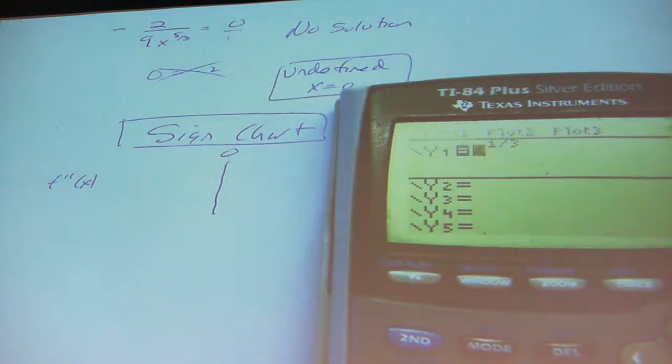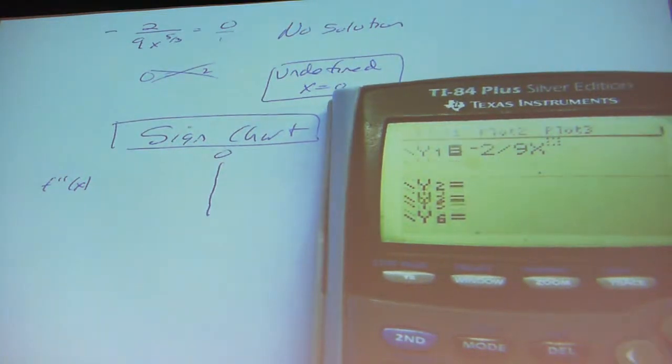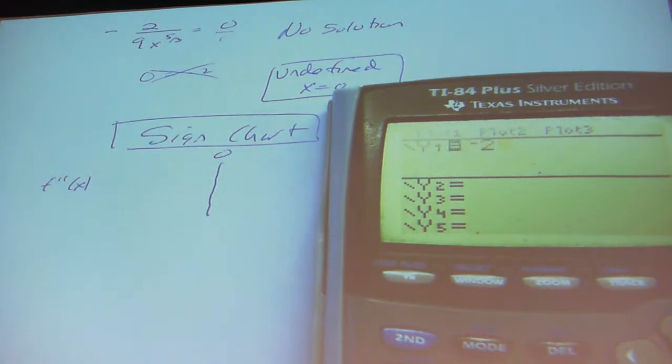So the second derivative, we can type negative 2 divided by 9x raised. Actually, be safe. Let's put all that in parentheses. Good practice. Negative 2 divided by parentheses 9x raised to the 5/3.